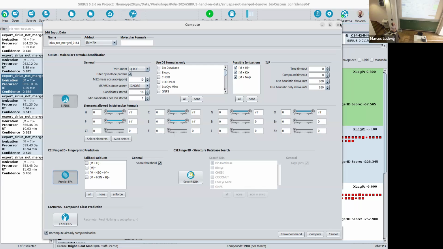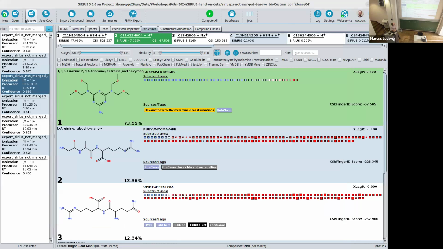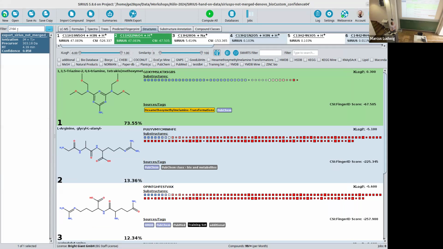Right, I prepared one hit where it makes sense, just to go to this one. Also, we have a full text search here, so it's always nice if you want to search for a specific feature. Ah, it was this one, okay, to rerun.